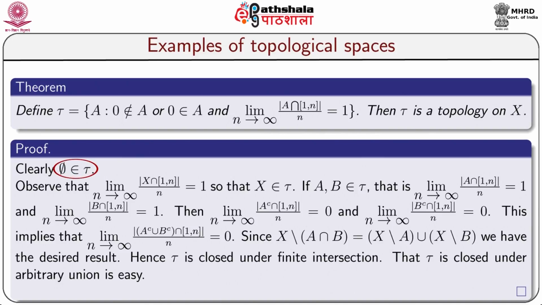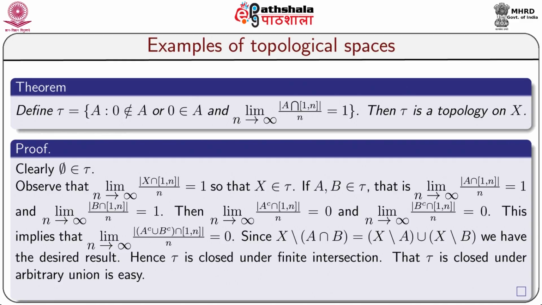Clearly the empty set belongs to tau, and obviously X belongs to tau, because the cardinality of X intersection {1, ..., n} divided by n is equal to 1, so the limit will go to 1. Now let A, B belong to tau, that is, the limit of the cardinality of A intersection {1, ..., n} divided by n is equal to 1, and similarly the limit of the cardinality of B intersection {1, ..., n} divided by n is equal to 1.